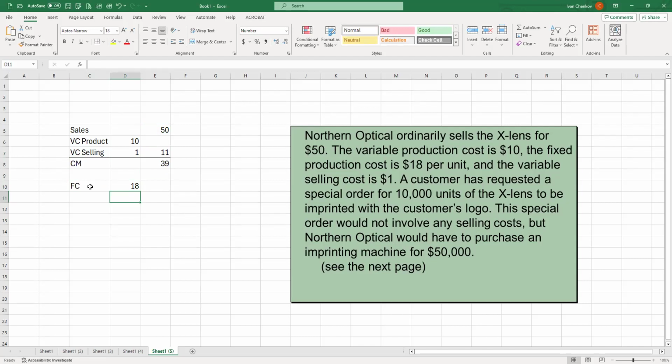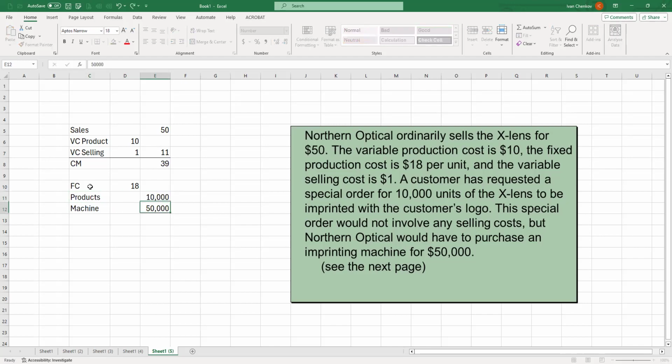Now this company comes and says, can you sell me 10,000 units? This special order will not involve any selling cost, but we have to purchase an imprinting machine. The new machine is going to cost us $50,000. But with the $50,000, how many products are we going to do?